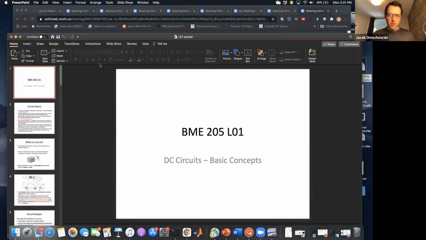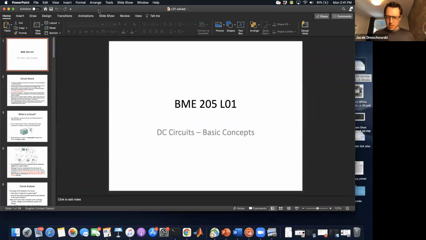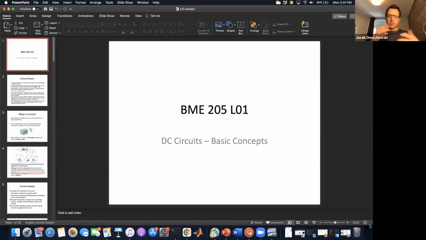Okay. So on Mac OS, there's some kind of a bug, a glitch that happens when you're sharing your screen via Zoom and you have a slideshow going on PowerPoint.